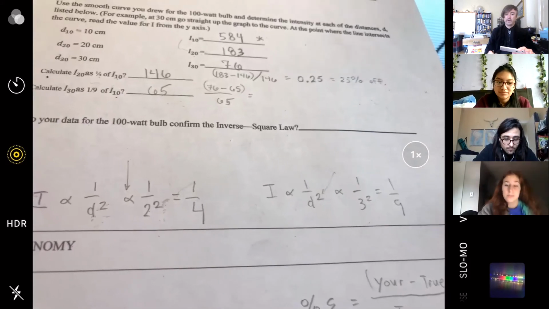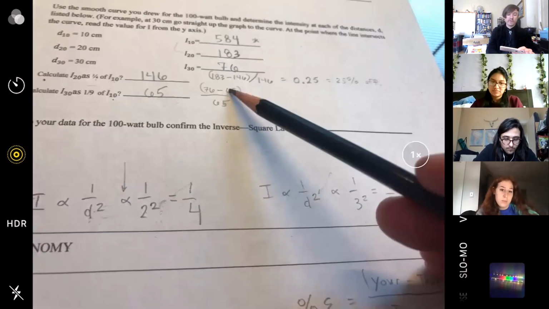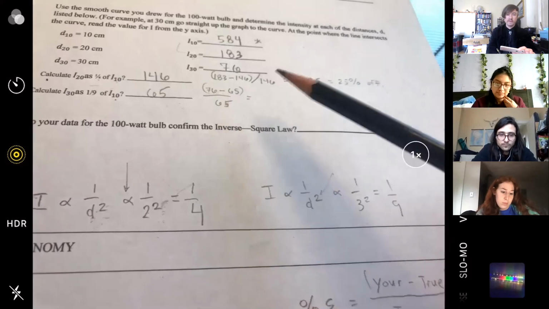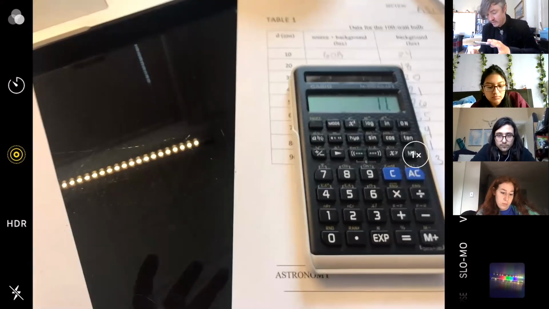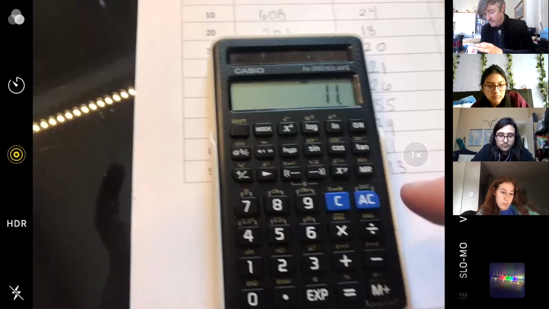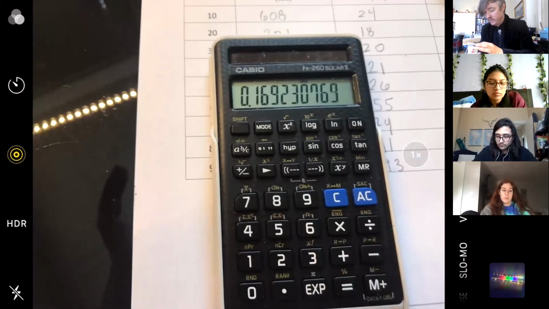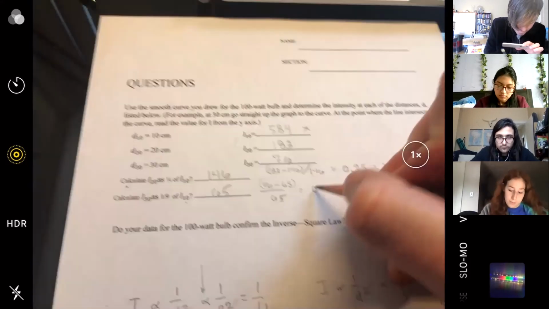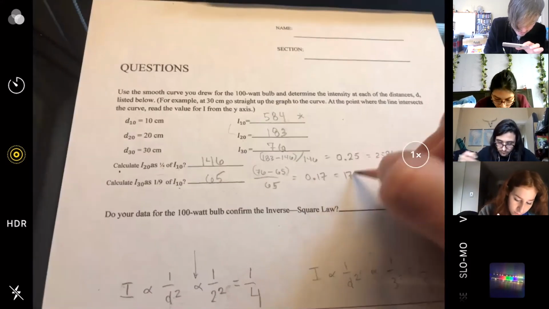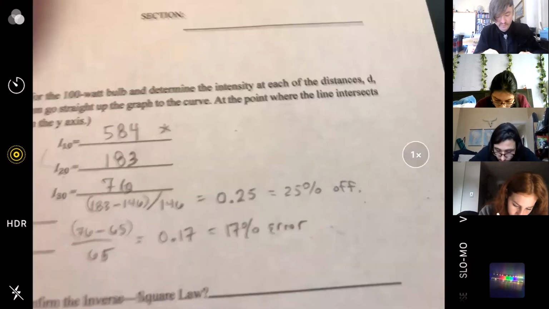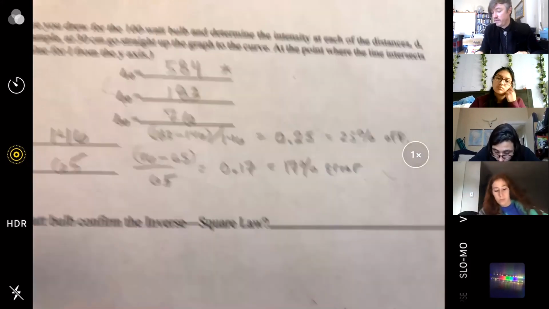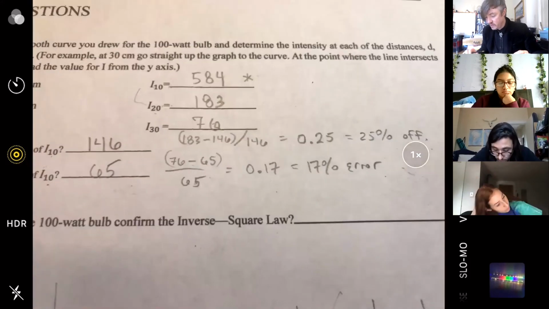Nope. You have to hit equals or use parentheses before you divide by 65. I don't understand how you got 8. Look, if I do 76 minus 65, that's 11. 11 divided by 65 is 0.17. That's a 17% error. Well, I guess our data didn't come out that great.